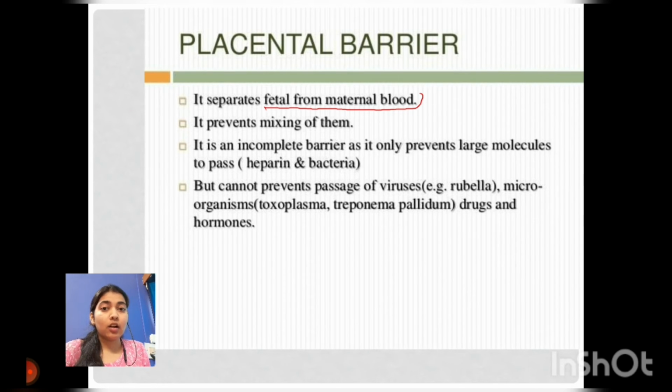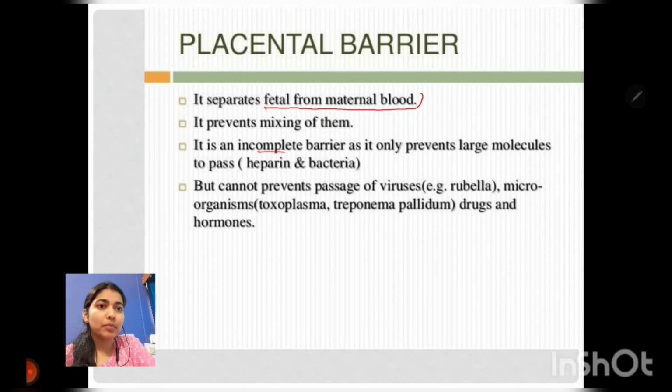Doctors have observed that fetal RBCs are found in maternal blood, and maternal RBCs are also found in fetal blood. This is known as fetal-maternal hemorrhage. In an Rh negative pregnancy, this can be a very serious cause of fetal death.